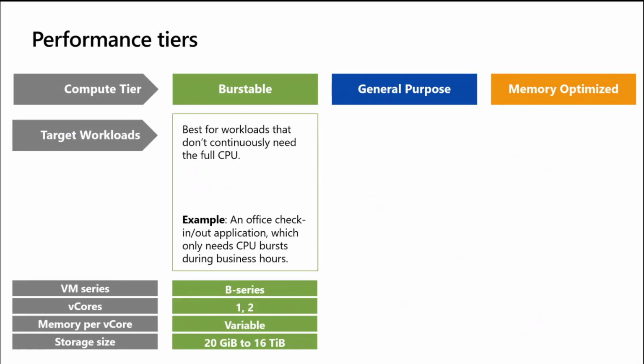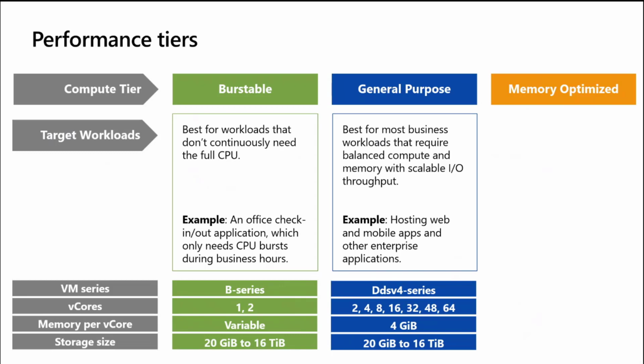So in Flexible Server, we have 3 compute tiers: burstable, general purpose, and memory optimized. And within these tiers, you have complete flexibility to scale within the tier or scale across the tiers.